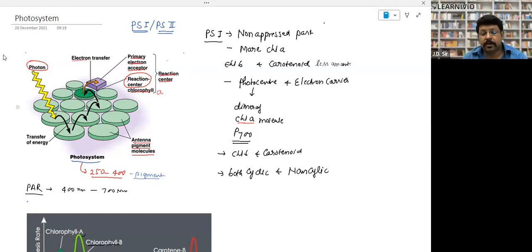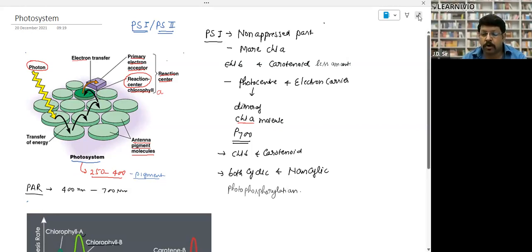It takes part in both cyclic and non-cyclic photophosphorylation. Right? So this was the PS1. Clear?